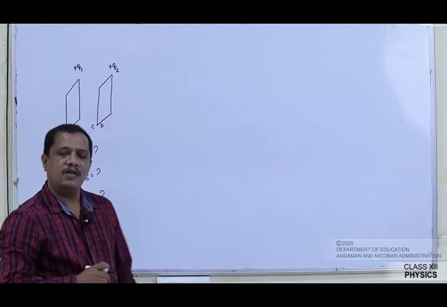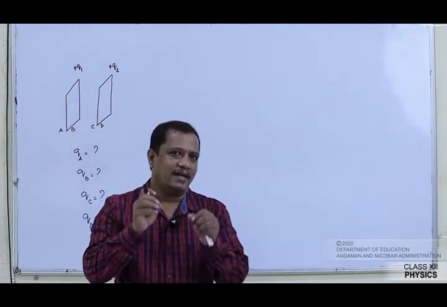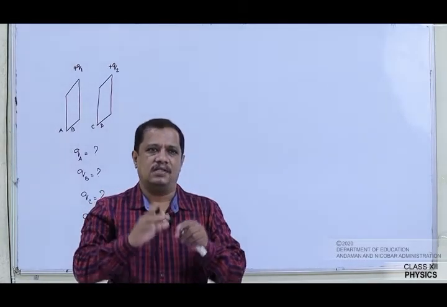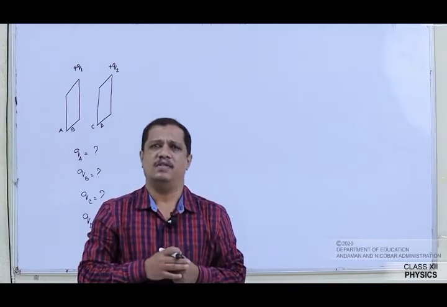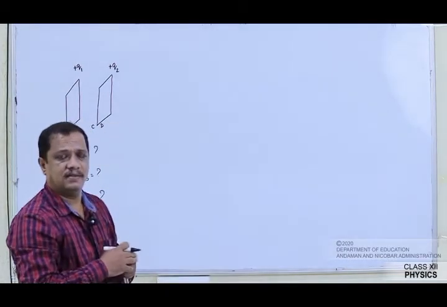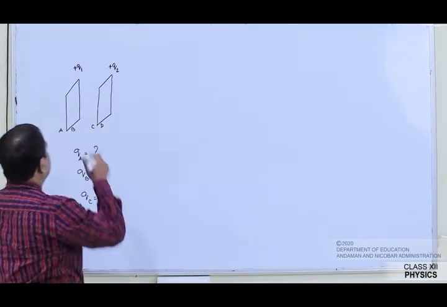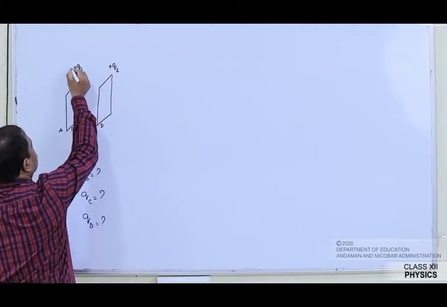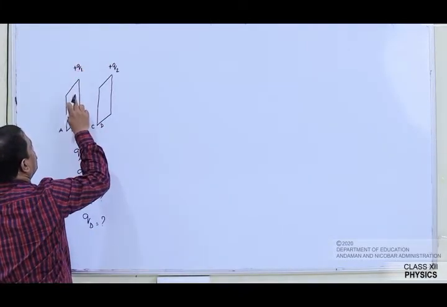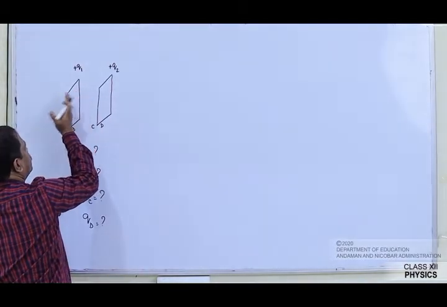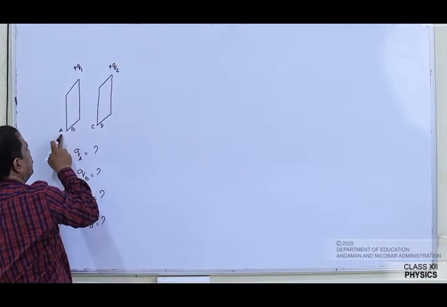We have already studied the concept that on a conductor, whenever we distribute charges, the charges will be distributed uniformly over the surface. I said this is a thin plane. So, for a thin plane, this charge q1 will be divided equally on the two faces, face A and face B.